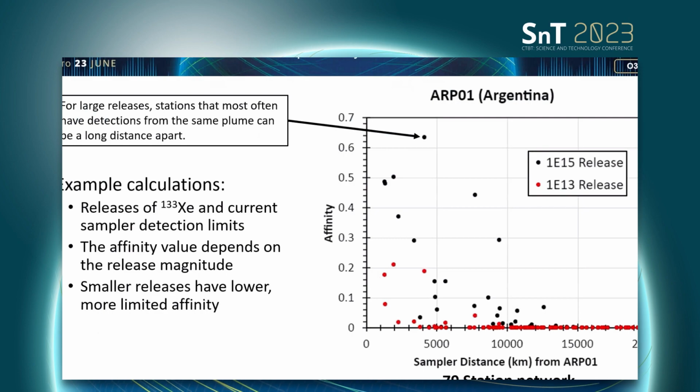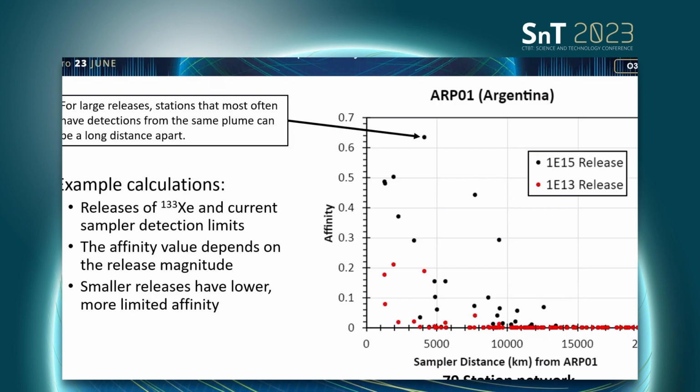So here's an example, which we took for the important reason that it was number 1 in the list, Argentina. And this depends on how large the release is. That's an important caveat. So for a 10 to the 15th becquerel release, it doesn't really even matter if it's a becquerel or a Curie, just a 10 to the 15th release, the station at 4,000 kilometers appears to have the greatest affinity at about 0.65.